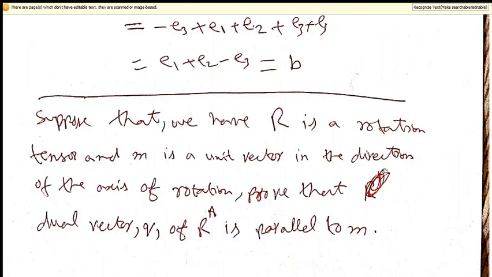Let us see another result for a dual vector.